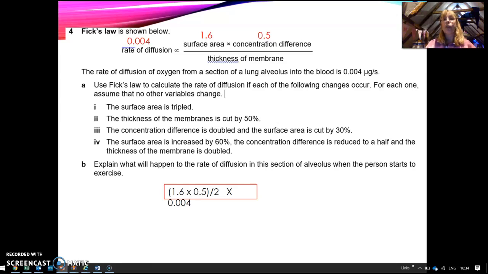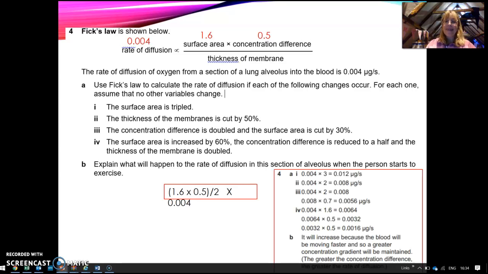Okay, so I can put a 2 over there by the thickness of the membrane. So what I'm effectively doing, 1.6 times 0.5 divided by 2, and then I times that all by 0.04. And that gives me a final answer. Over there we can see 0.016 microgram per second. Okay, so it's all about that equation.